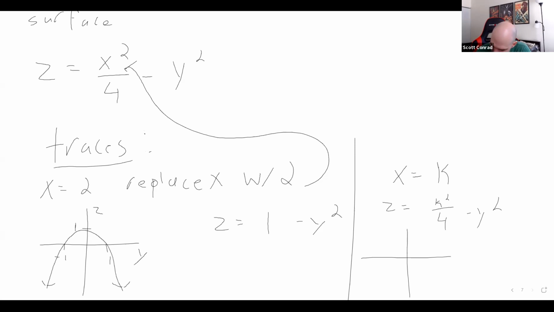So you're always going to get a bunch of different parabolas opening downwards. Changing the value of k just gives you different z-intercepts, k squared over 4. But all these traces are going to be parabolas.